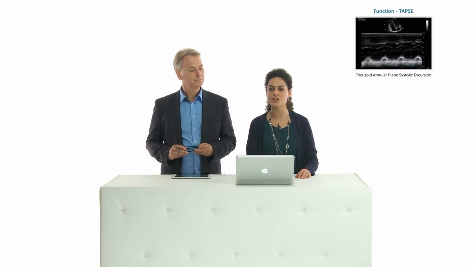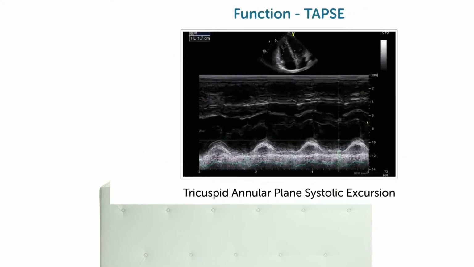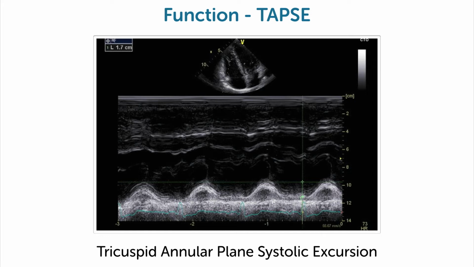Yes, but function, as we told you, is also measured with TAPSE, the tricuspid annular plane systolic excursion. We do it with the M mode, as you see here, and the normal value is above 16 millimeter. Let me show you exactly how you measure.